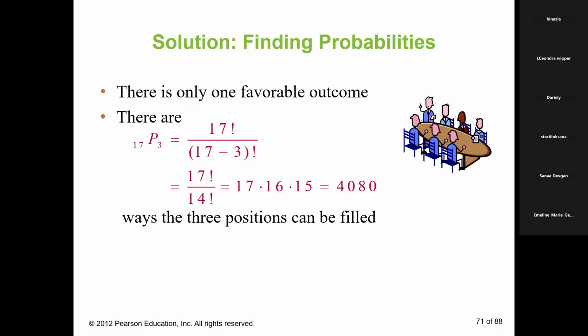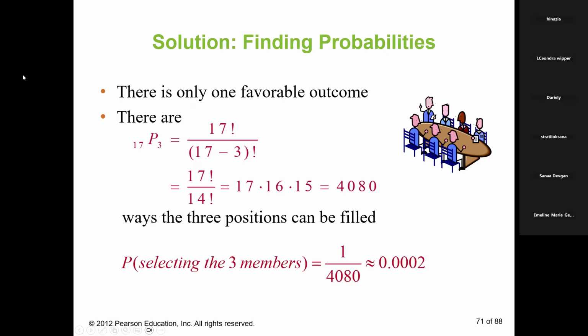Done. I took a picture. Okay. Now you need to select the three members, and each can be either the webmaster, the board chair, or the secretary. That's 1 over 4,080.